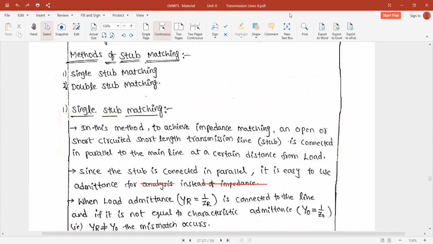Single stub matching. In this method, to achieve the impedance matching, an open or short circuited length of transmission line stub is connected in parallel to the main line at a certain distance from the load. See, I already drew the single stub.